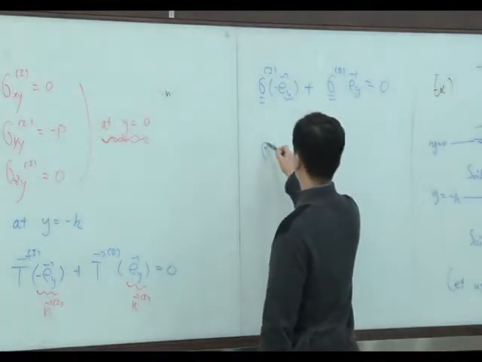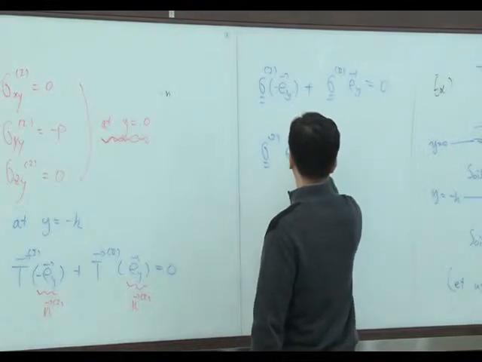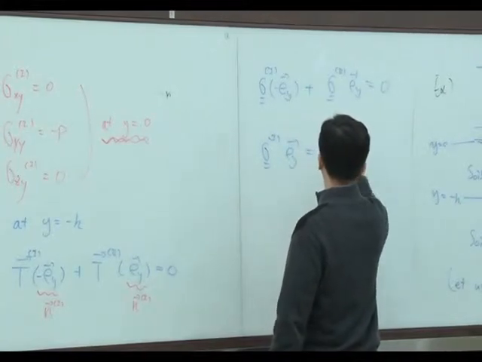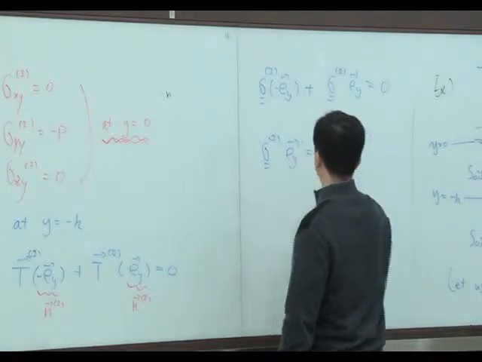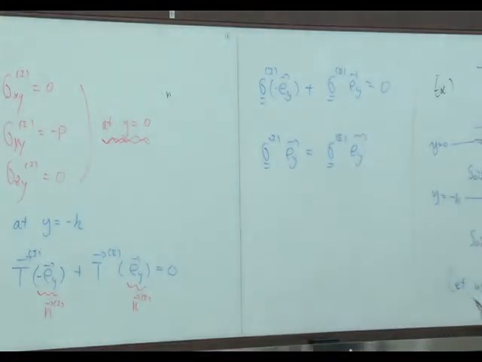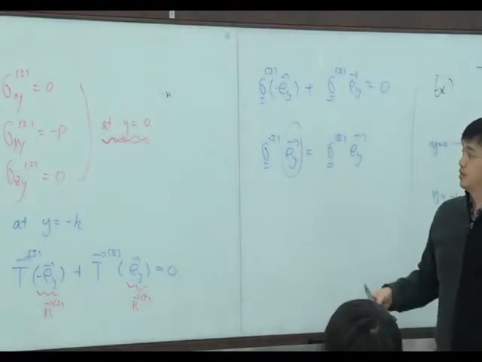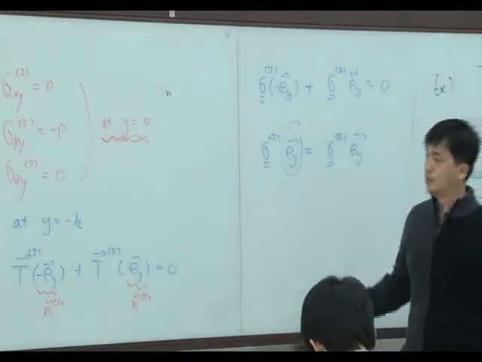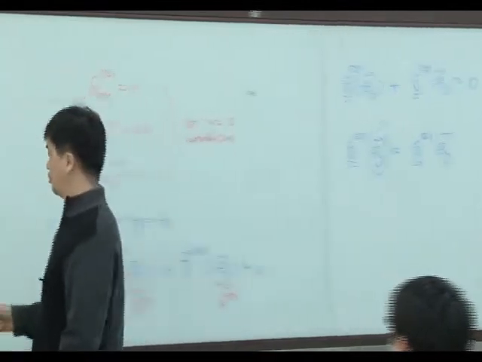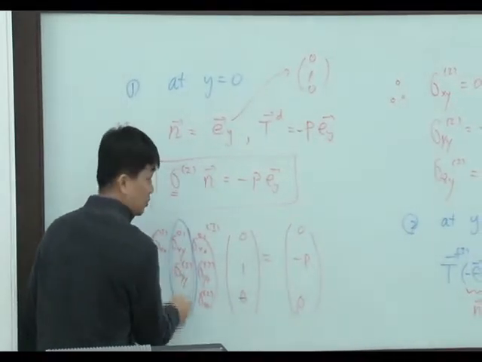So, stress 1 ey equal stress 2 ey. So if we multiply ey to the stress tensor, we can pick up only this component, right?